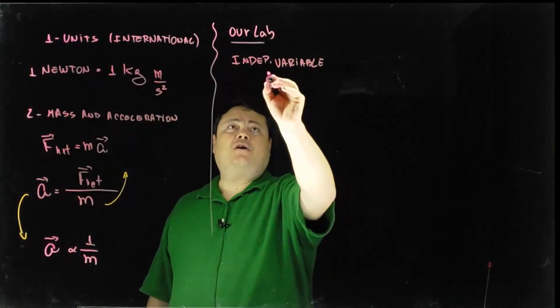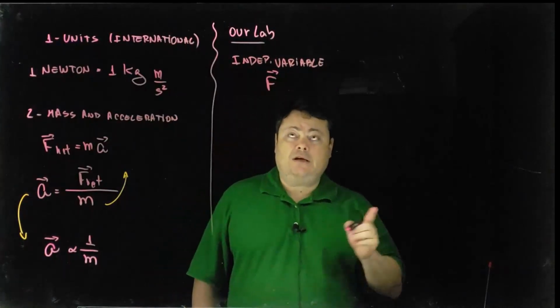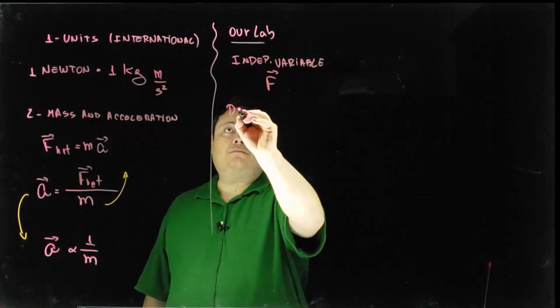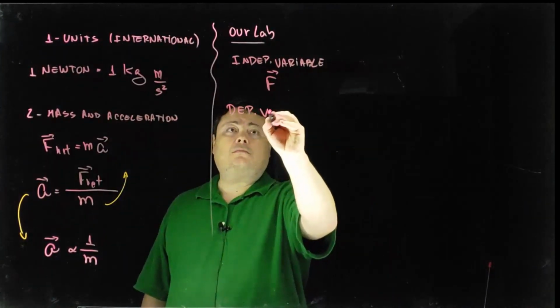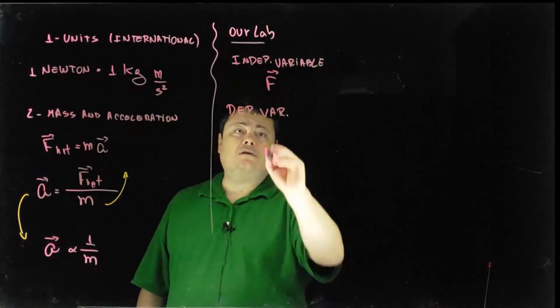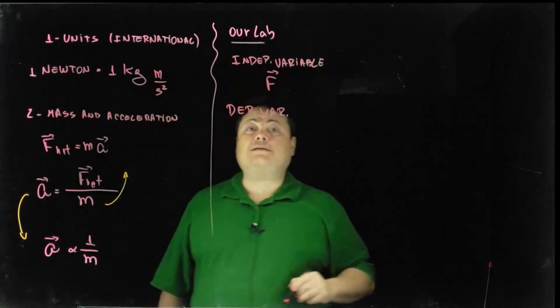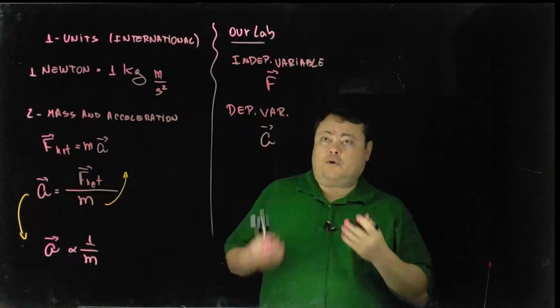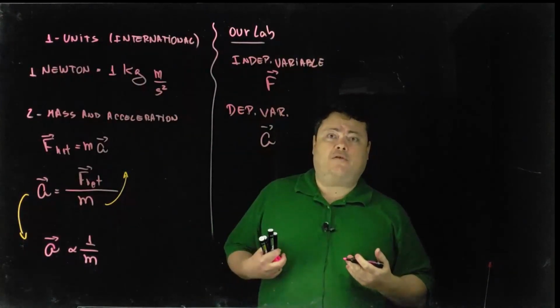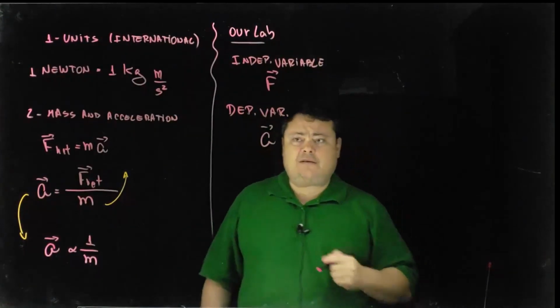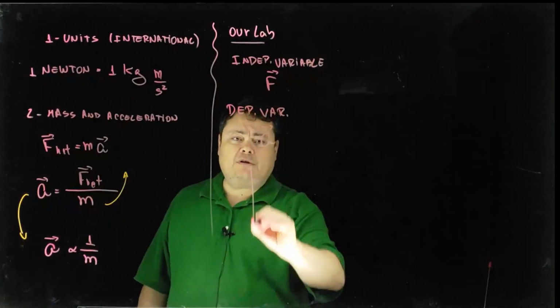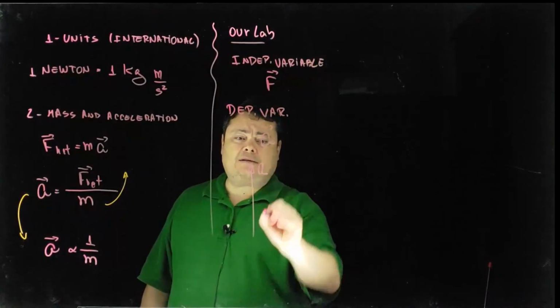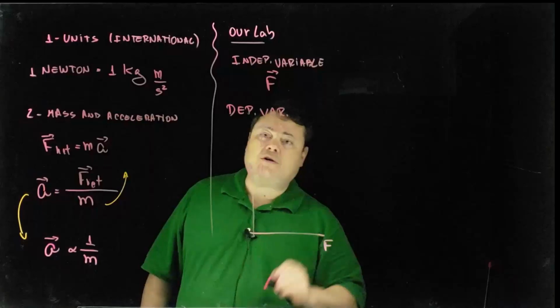So the independent variable was force. And the dependent variable was the acceleration. That was the response the system offered to me. So in some sense, I should actually have graphed this as acceleration versus force.